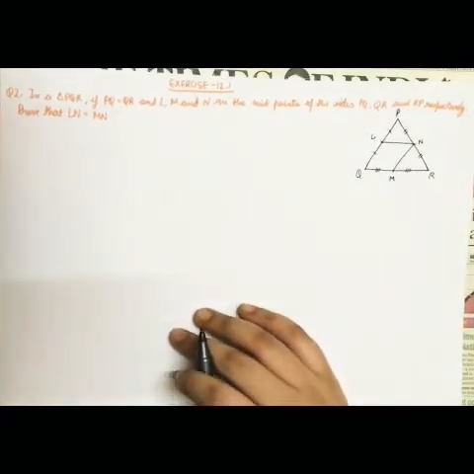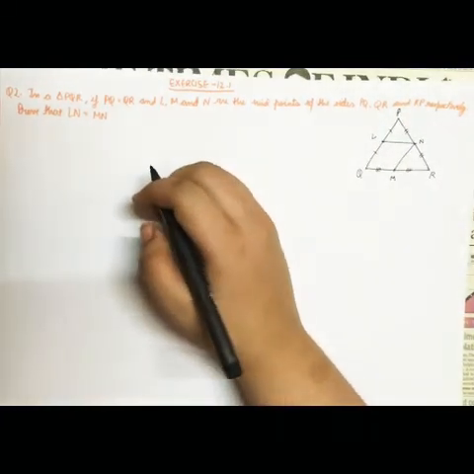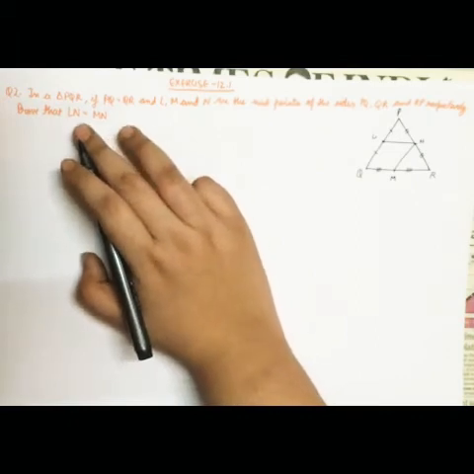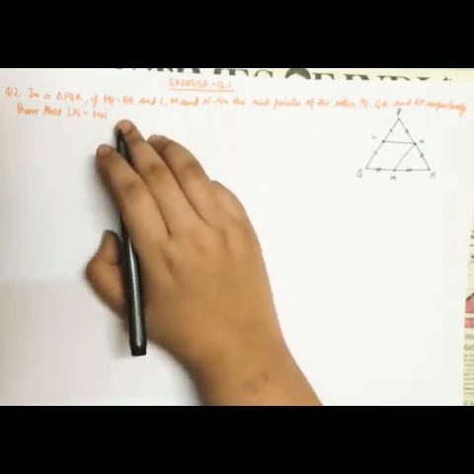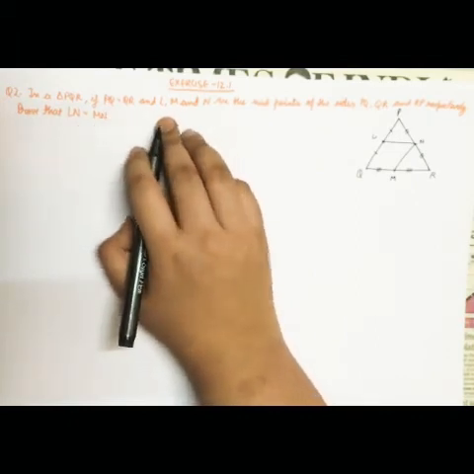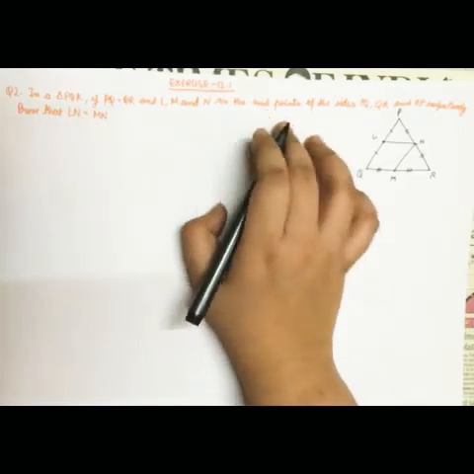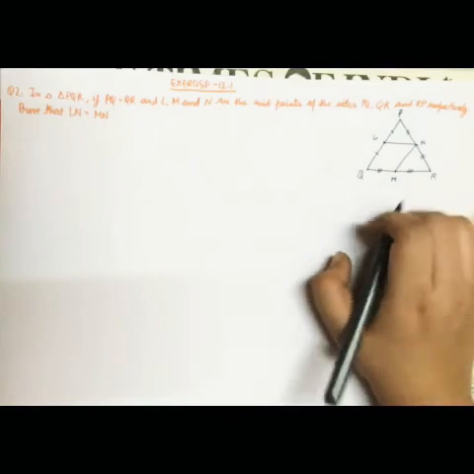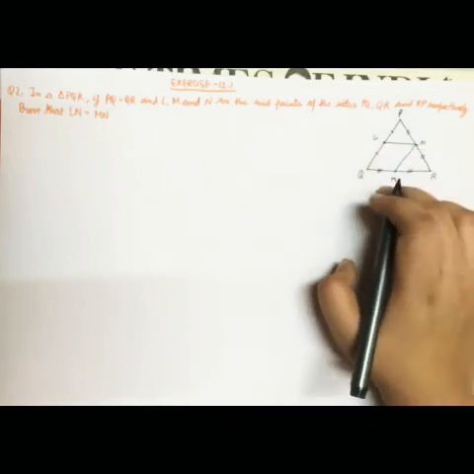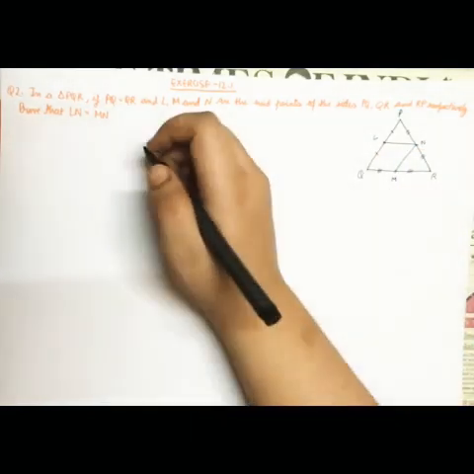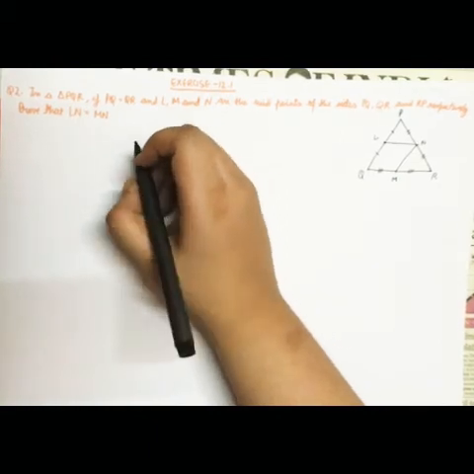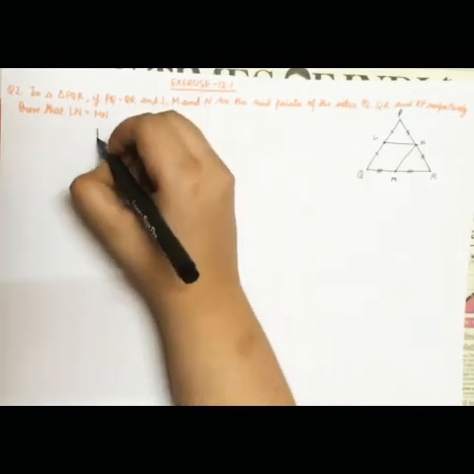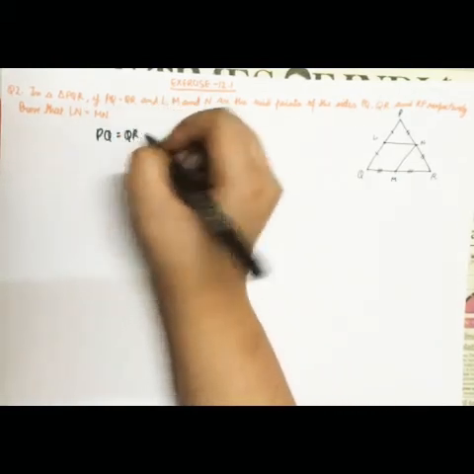Now exercise 12.1. Question number 2. In triangle PQR, if PQ is equal to QR, and L, M and N are the midpoints of the sides PQ, QR and RP respectively, we have to prove that LN is equal to MN. For this we will start with PQ is equal to QR.